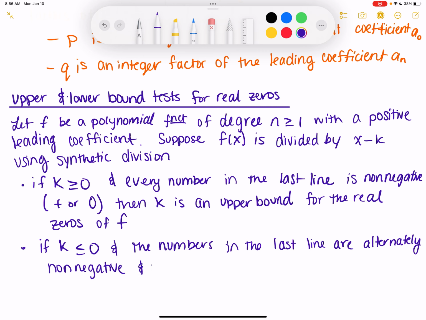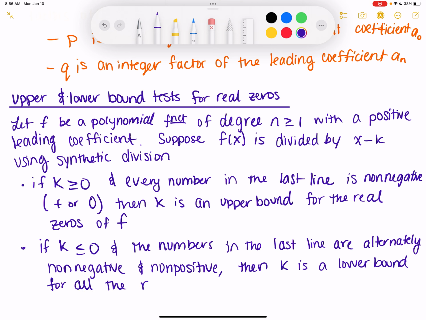Okay, so they could be 0. Then k is a lower bound for all the real zeros of f.